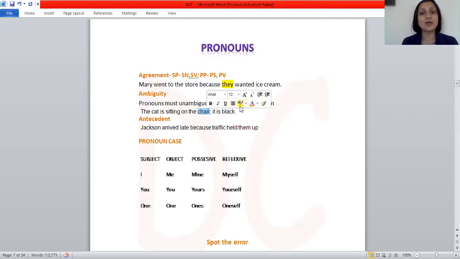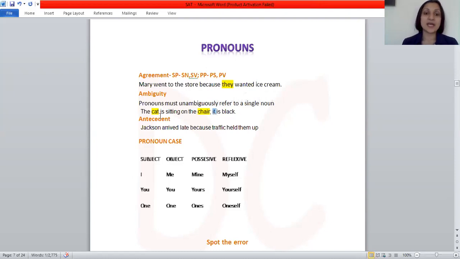So we have two nouns in the sentence, which means the chair can be black as well as the cat. In order to not have ambiguity, I'll have to remove the it and write: the cat is sitting on the chair, the cat is black, or the chair is black. I need the noun to be in this place. That is how we take care of pronoun ambiguity.